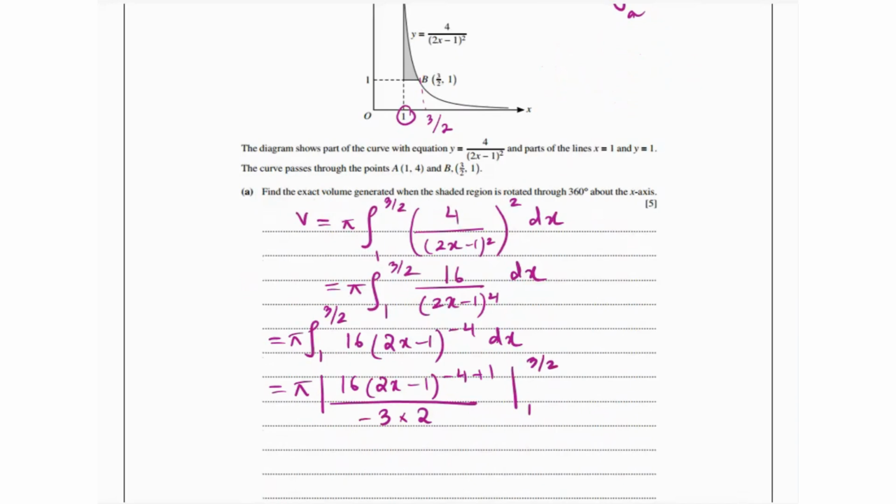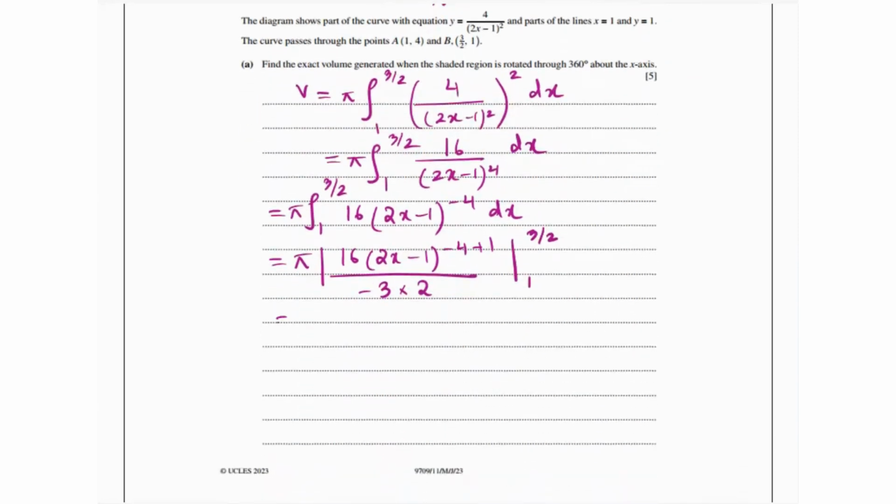As we know, we divide by the coefficient of x and then we divide by the new power, which is going to be negative 3. So if we simplify this, what we get is negative 8 over 3 times (2x minus 1) whole power 3. Now we put in the limits.